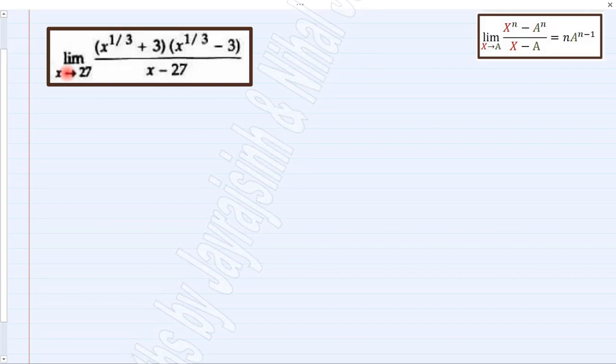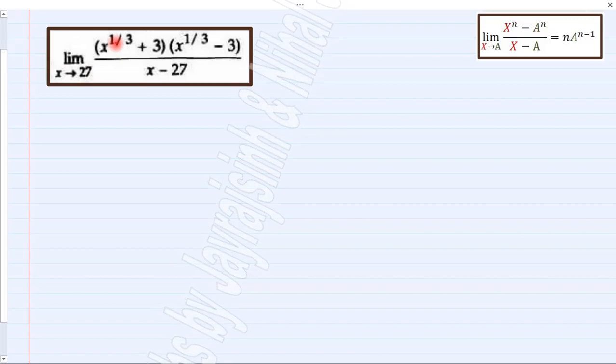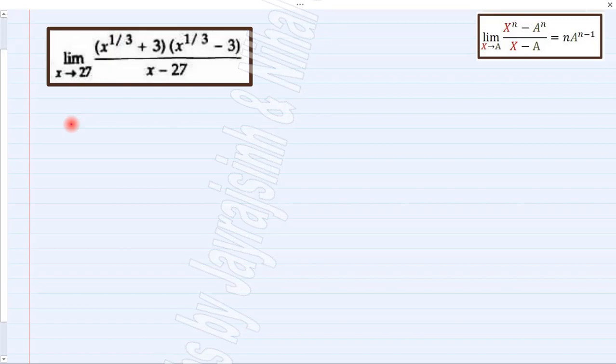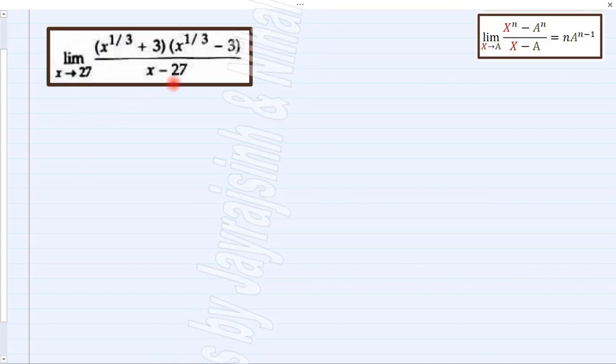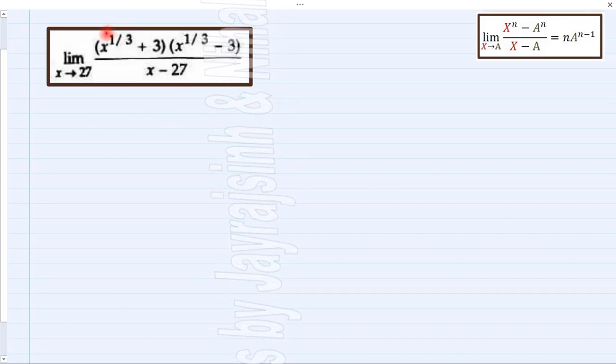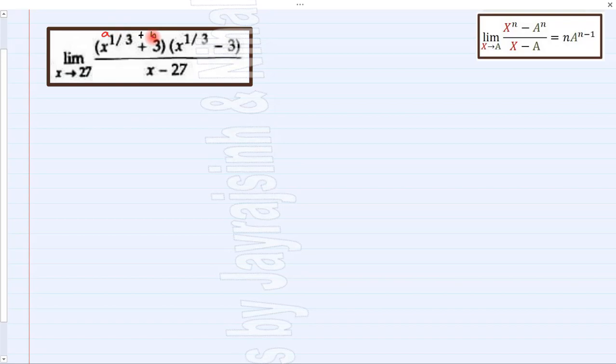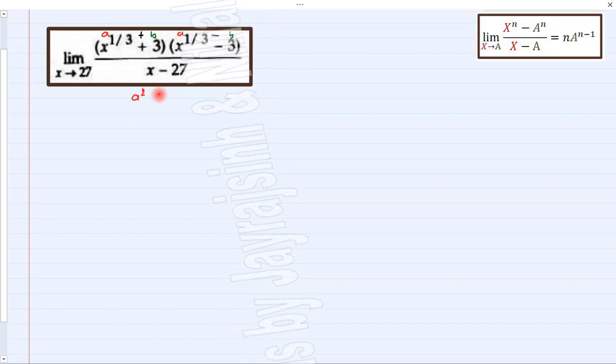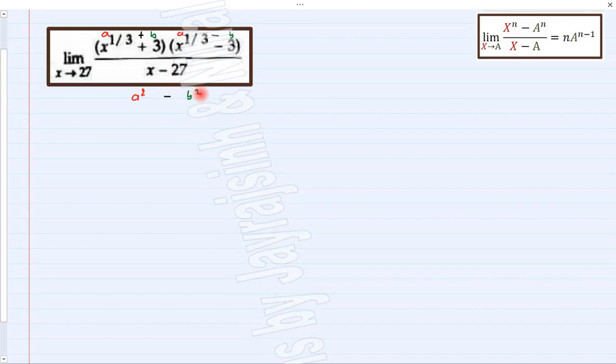In this question, we have to find limit x tends to 27, (x raised to 1 by 3 plus 3)(x raised to 1 by 3 minus 3) upon x minus 27. Your function is in the form of 0 by 0. Now, in numerator, we have (a plus b) into (a minus b), which will become a square minus b square.